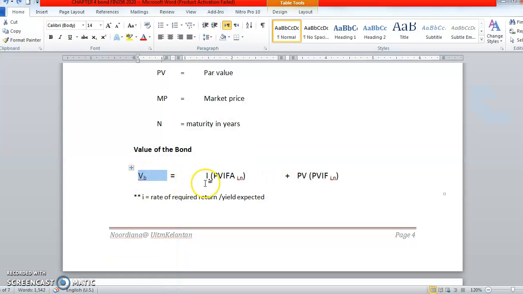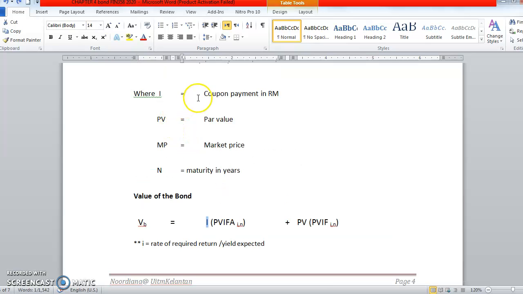So, you akan dapat balik in RM lah last answer. I adalah sama, which is coupon payment in RM. You kena ambil coupon payment dia times 1000 and then find the PVIFA of I, N. Normally, this I, required rate of return, akan diberi dalam soalan. And how much is the maturity? Refers to the bond's maturity.